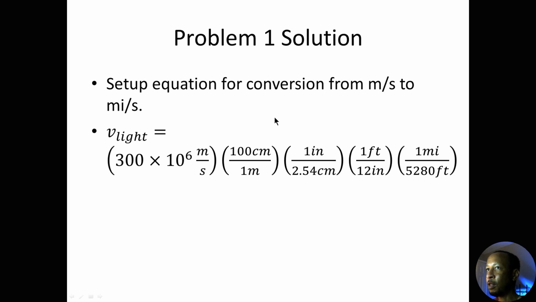And then when we do all of that, we can see that meters cancels out, centimeters cancels out, inches cancels out, feet cancels out, and all we're left with is miles per second. And that figure is the velocity of light in miles per second, equal to 186.4114 times 10 to the 3 miles per second.